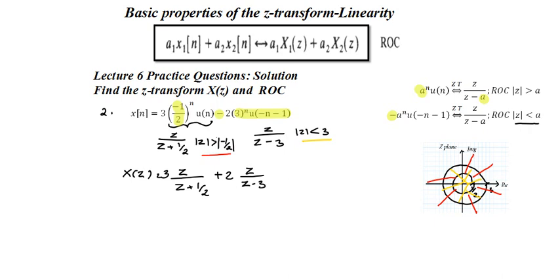Okay, and the ROC you need to consider again. ROC you can plot like this. One pole at 1 by 2 I can mark, one is at 3.